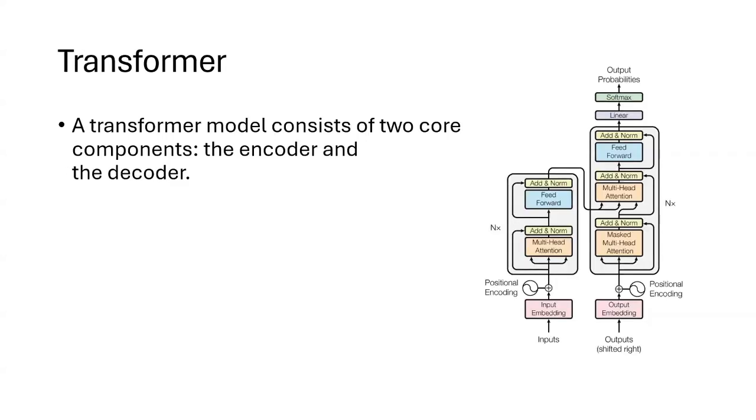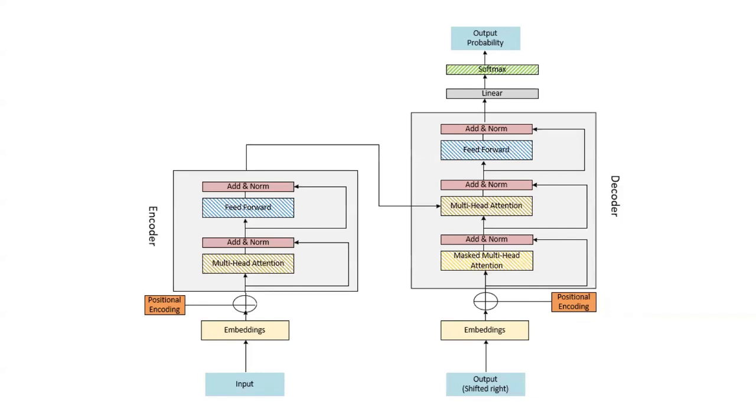If you go anywhere and read about the transformer, you will see this architecture. This is also in the paper. Basically it has two core components. The left side, what you see, is the encoder. And the right side is the decoder. Or in a more simplified way, we depict it like this: left side is the encoder, right side the decoder.